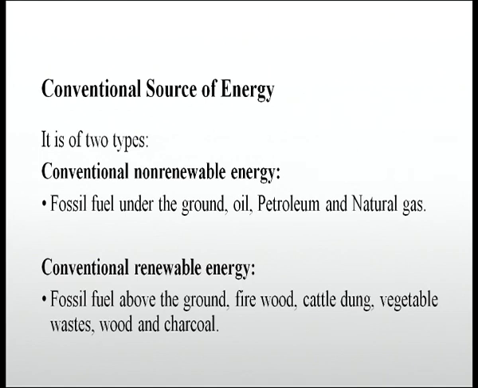Now, conventional sources of energy are of two types: conventional non-renewable energy, which includes fossil fuel under the ground, oil, petroleum and natural gas, while conventional renewable energy sources include the fossil fuel above the ground, firewood, cattle dung, vegetable wastes, wood and charcoal.